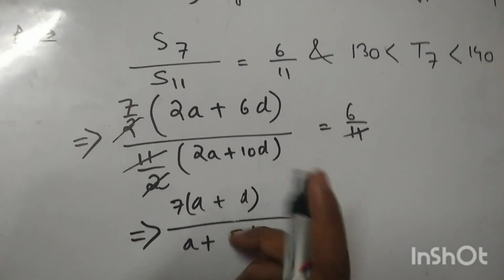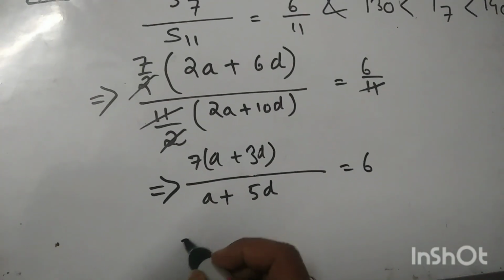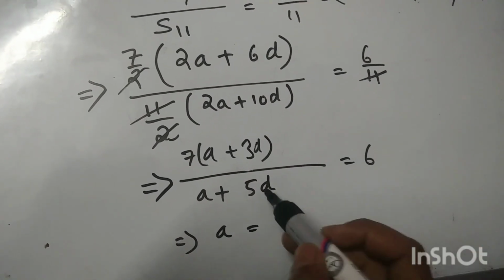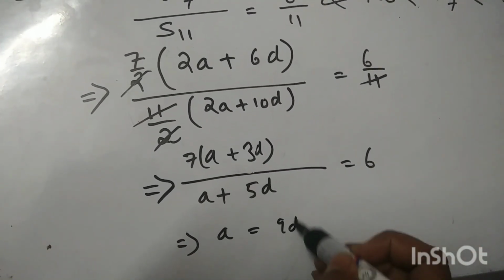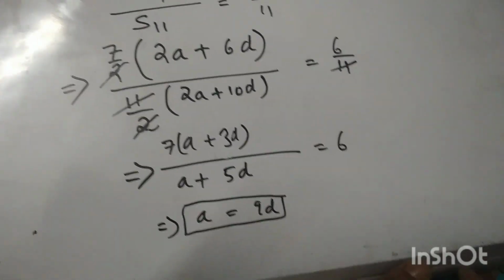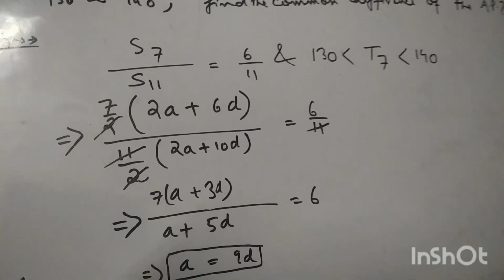This is nothing but 6 by 11. Now 6 times 5D is 30D and 11 times 3D is 33D. So 7A is 33 minus 30, we get 9. So we get A equal to 9D. Until now the problem is quite simple.